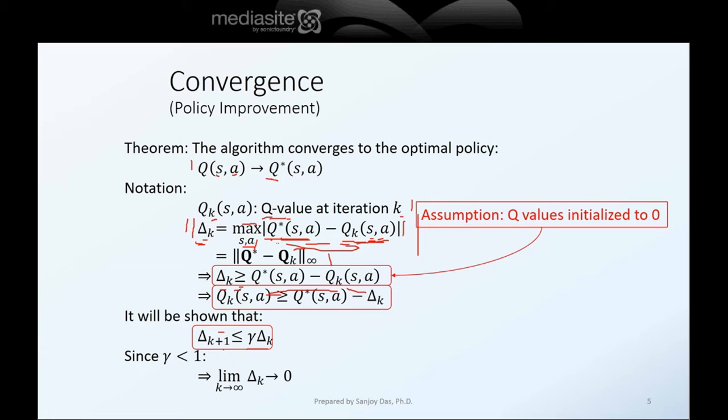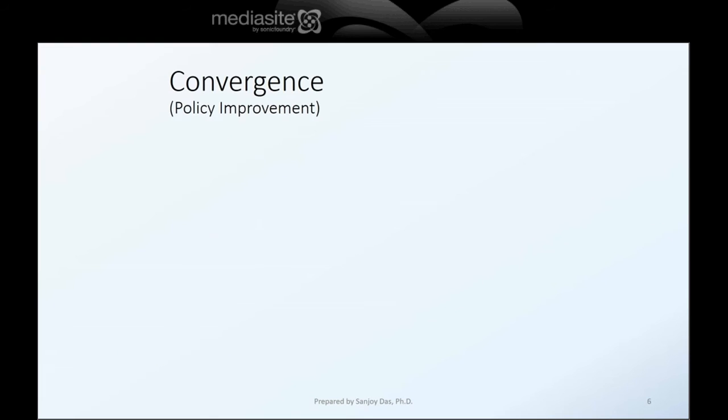And for some reasons you'll see now, let's remember this expression here: QK S A is always greater than or equal to Q star S A minus delta K. So here's the proof. We begin with Bellman's equations.